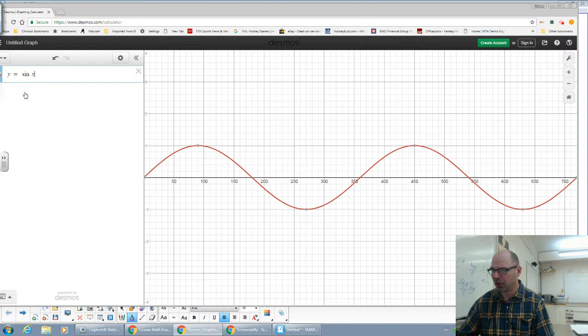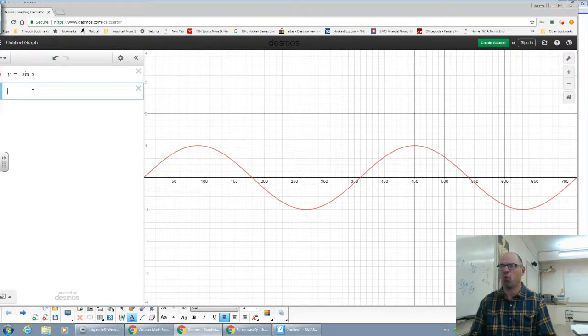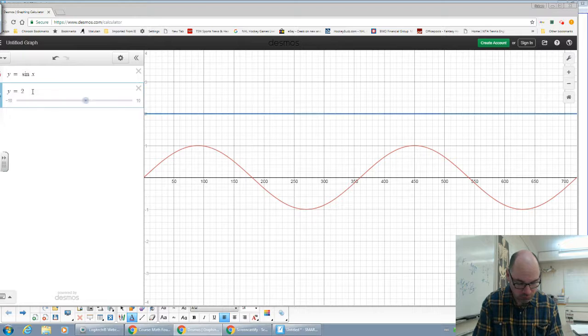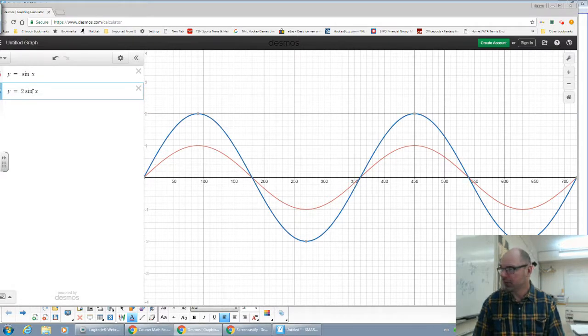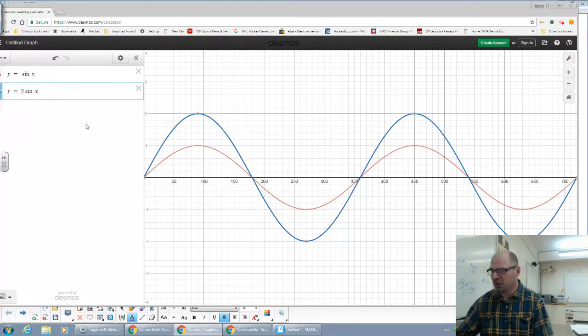Now let's put in a value of a number in there. So let's go y equals 2 sine x. Okay, look at the difference that you see here. What did the 2 do to the graph? Okay, so you thought about it there.